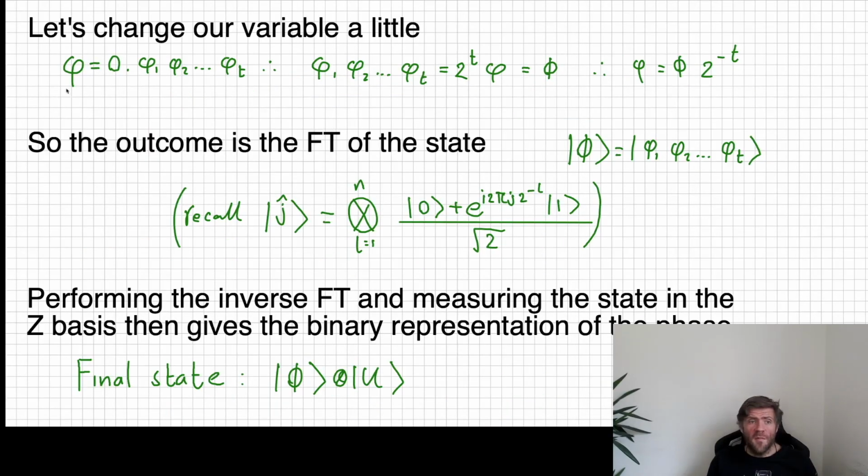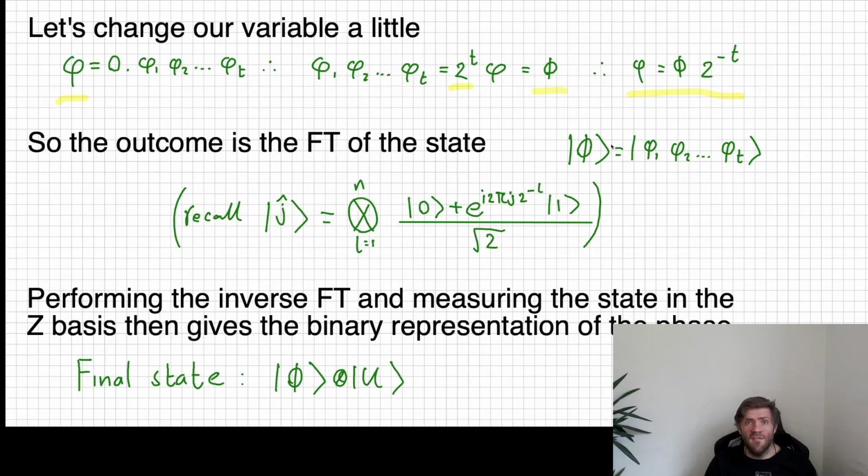Instead of talking about this fraction phi, let's multiply it by a suitably large number so that we get an integer, capital Phi. This suitably large number is of course 2 to the t, because there are t bits in this fraction, and that's how much we have to shift past the decimal place. So we're going to be thinking about this integer as representing our phi now instead of the original fraction.